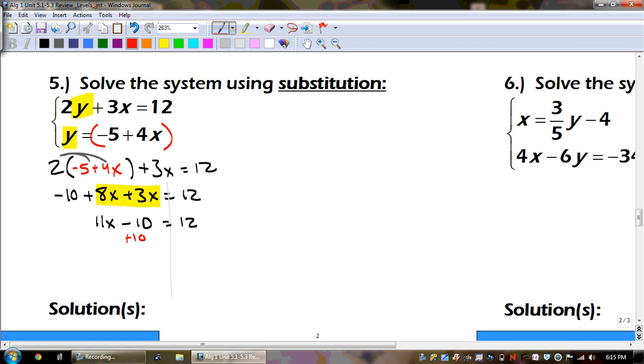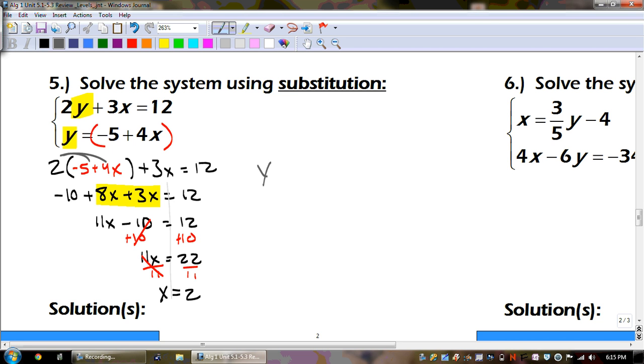We're going to add 10 to both sides. We get 11x equaling 22. And then to get the x all by itself, we divide by 11, and we get x equals 2. Now, that's not our final answer.